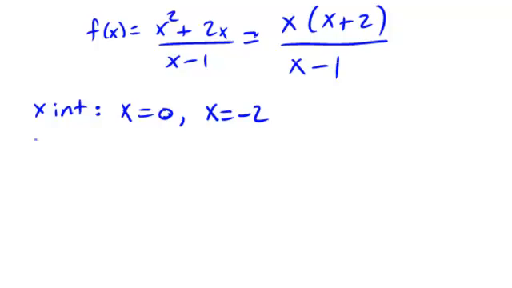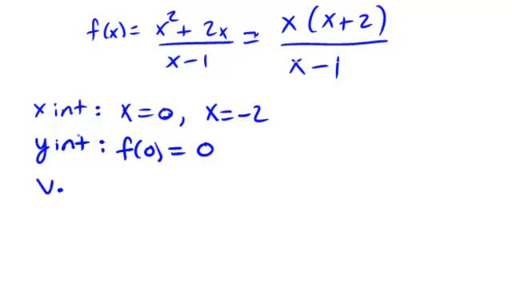Okay, and the next thing we're going to do is find the y-intercept. What we do is we sub 0 in for x. In this case, the numerator is going to be 0, the denominator is going to be negative 1, so that'll give us 0.